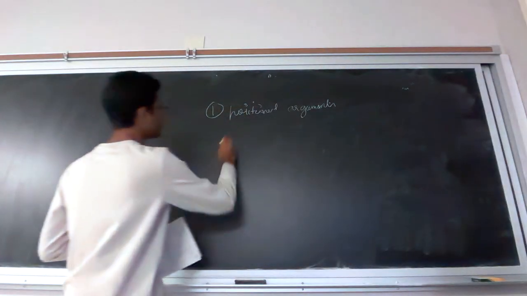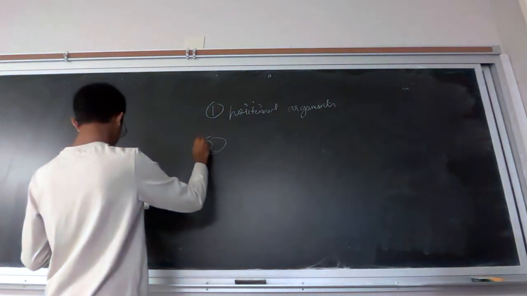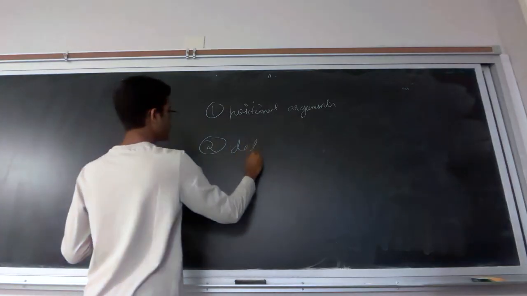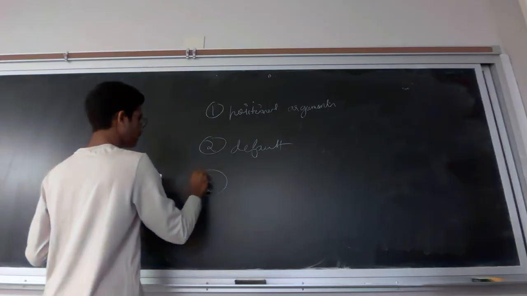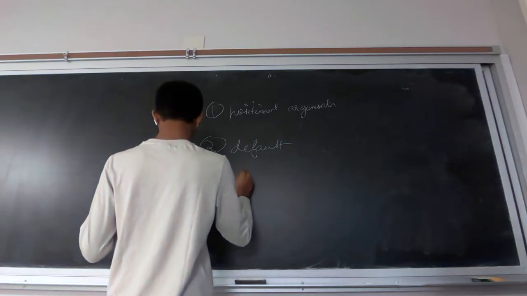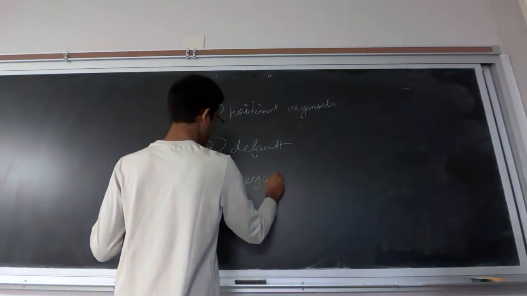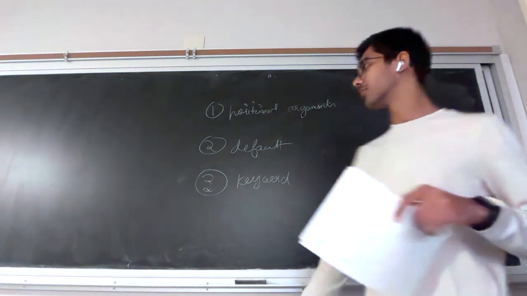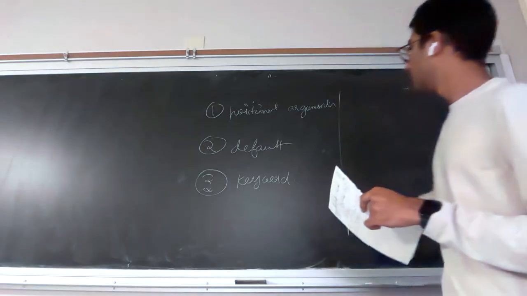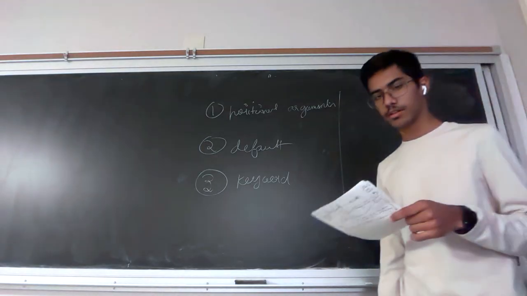So let's call them arguments. So positional arguments, default arguments, and lastly, keyword arguments. What do I mean by each of them? Let's take a look at them one by one.